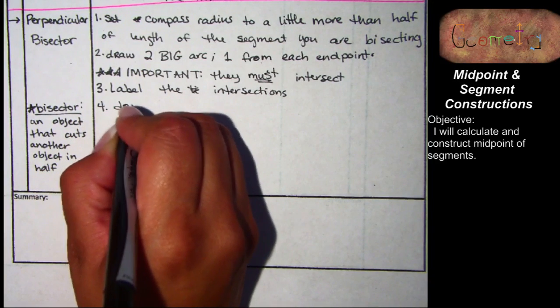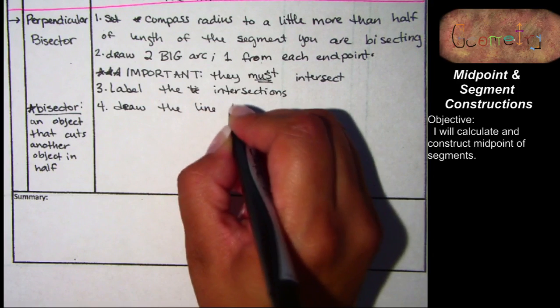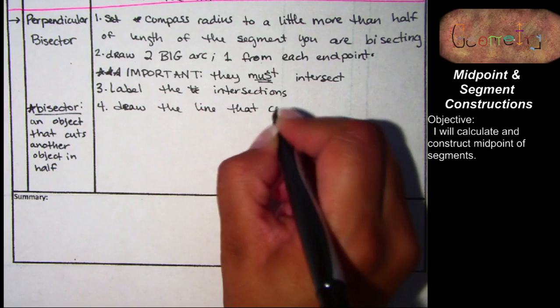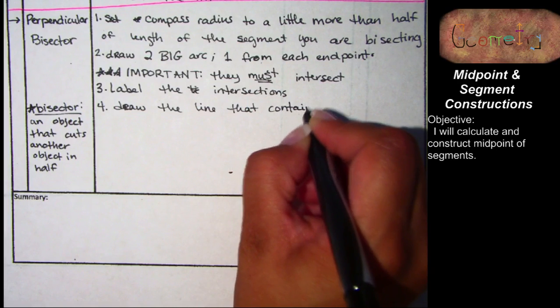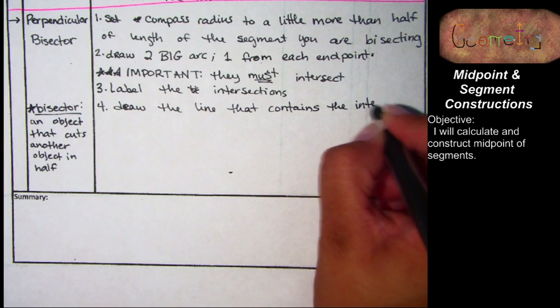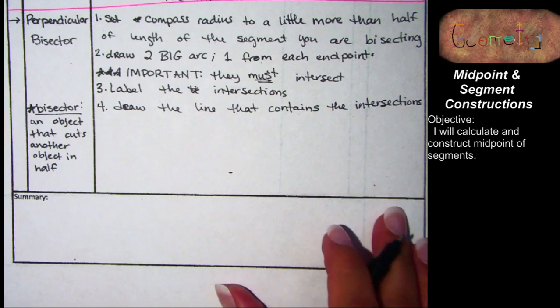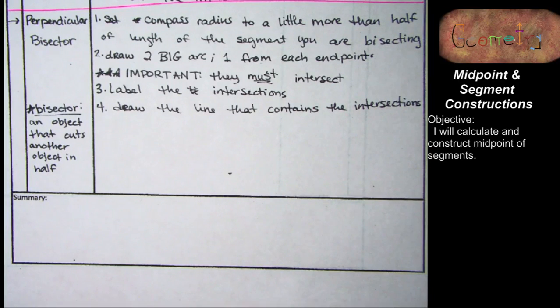Use these two intersections then to draw the line that contains them. That line is your bisector. That's the person at Subway cutting your sandwich in half.